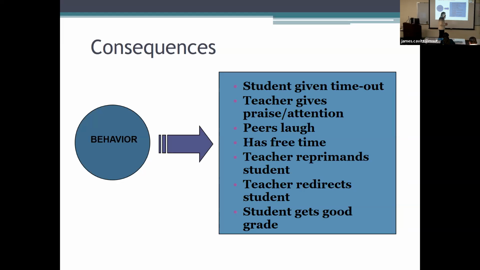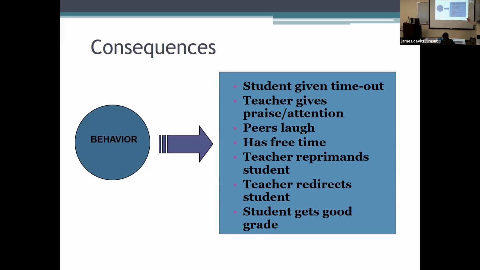Most often, the consequence is what maintains that behavior over time. If it maintains that behavior over time, what is it doing to the behavior? Is it punishing or reinforcing?